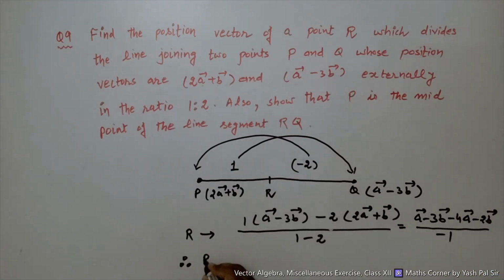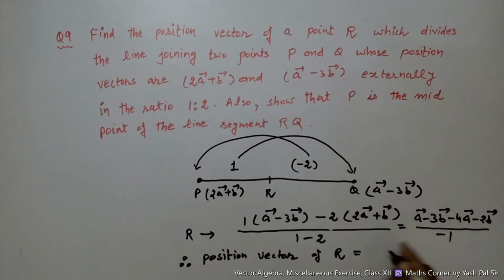Therefore the position vector of R is equal to: A minus 4A is minus 3, minus 3 upon minus 1 is 3 vector A; minus 3B minus 2B is minus 5B, upon minus 1 becomes plus 5 vector B. So this is the required vector.